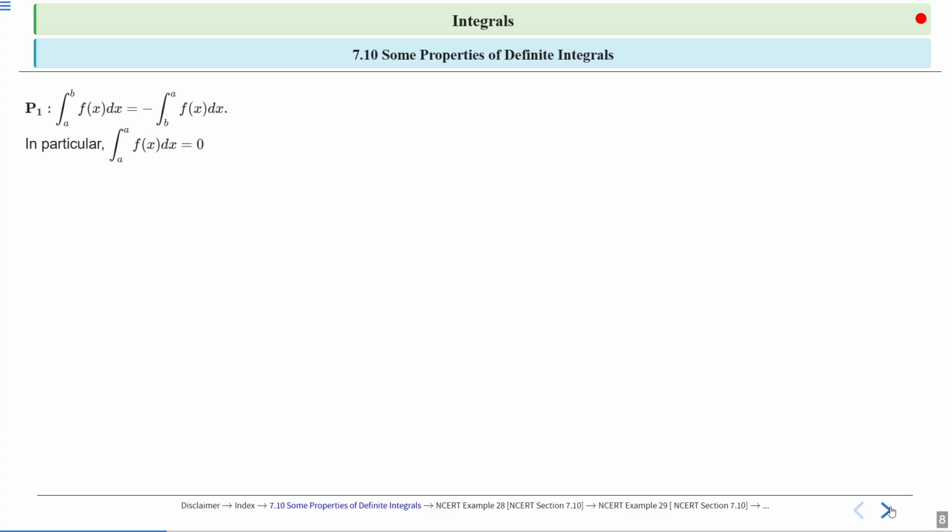If we want the upper limit to become the lower limit and the lower limit to become the upper limit, we just put the negative sign and change the limits. And in particular, when the limits are the same, that is, the upper limit is equal to the lower limit, the value of the definite integral is 0. So if there is any question where the upper limit is the same as the lower limit, we don't even need to see what the function is. We directly write it as 0.